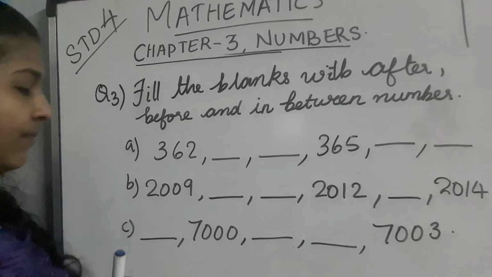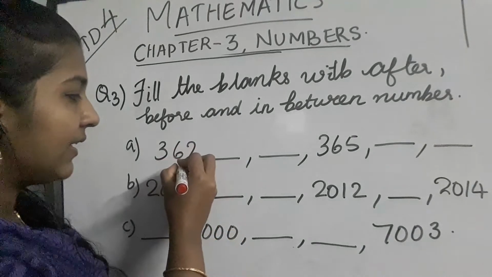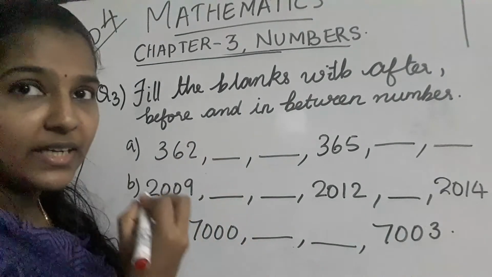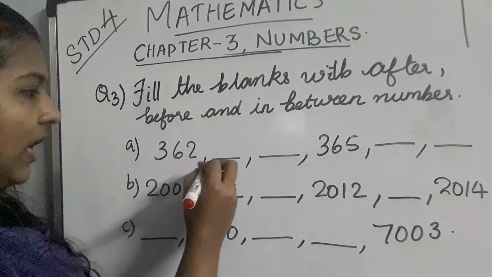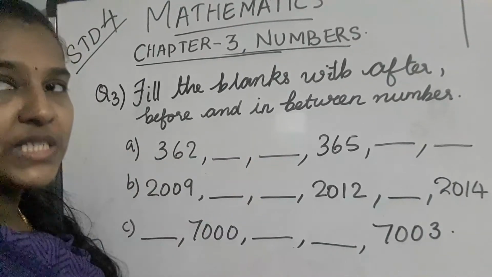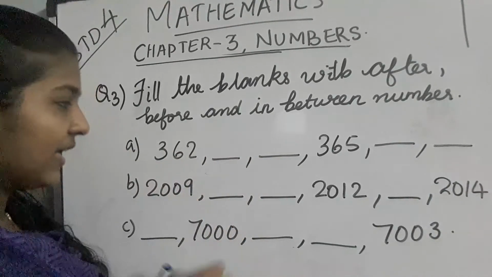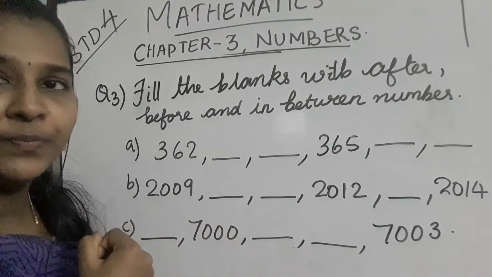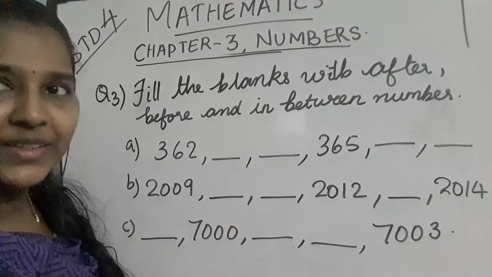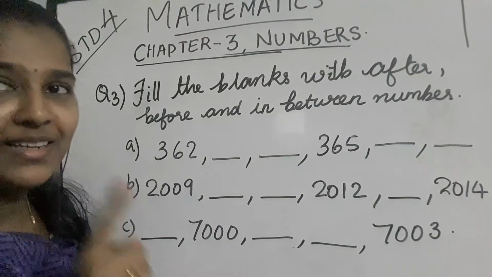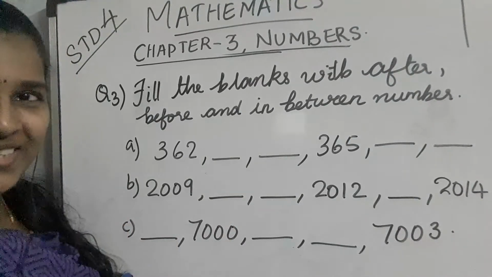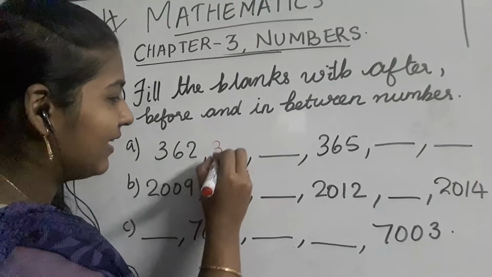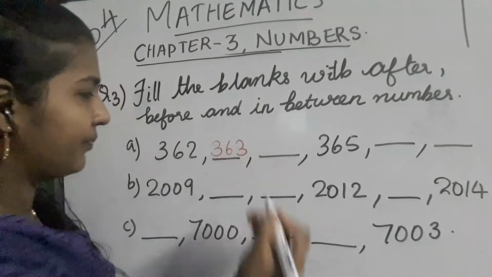The first one, the number is 362. And the next number is missing. That is, you have to check which number comes after 362. Which number? Yes, 363. Isn't it? So you can write 363.